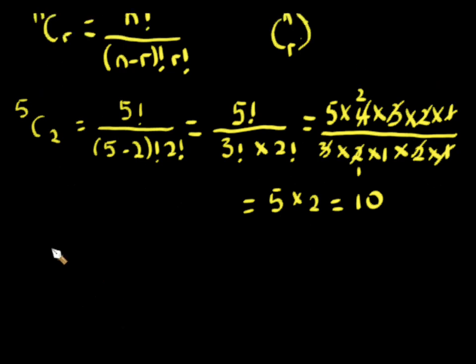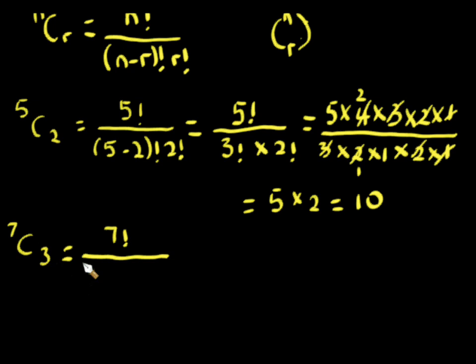Now 7 combination 3. We can evaluate that. If we compare with our general formula right here, we would understand that 7 represents n and 3 represents r. So in solving this, we're going to have 7 factorial divided by, now we're going to take the difference between 7 and 3.